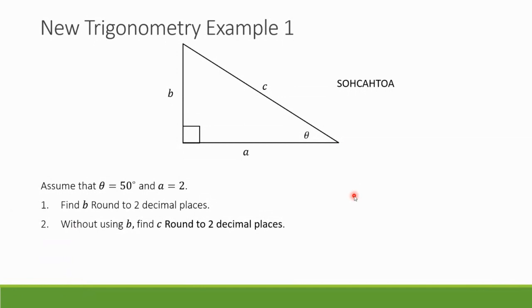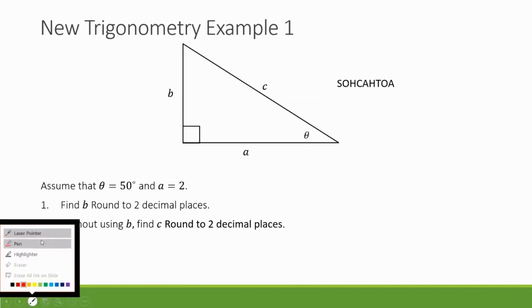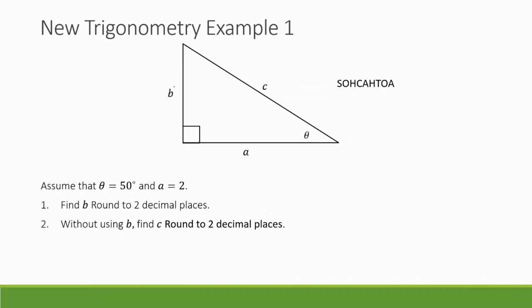I know it's on the next slide, but let me say it here. You want to figure out what B is, right? B here is the opposite side, opposite the angle. We know what A is. A here is 2. So what trig function are we going to use? Well, B is the opposite side.